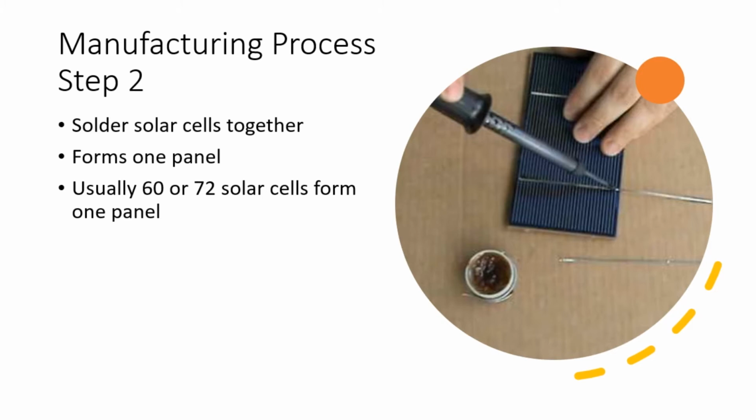These will be assembled in rectangular fashion to form one panel. And if you didn't know what soldering is, it's a process similar to welding, but it's used for joining metal parts to form a mechanical, or in this case, an electrical bond.